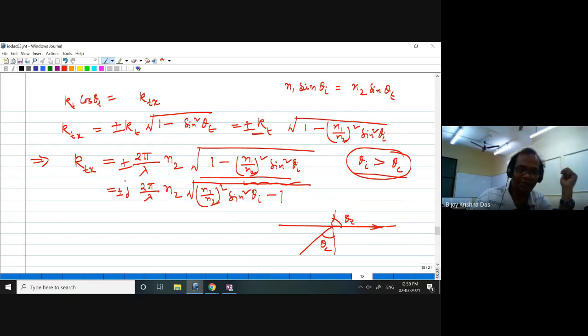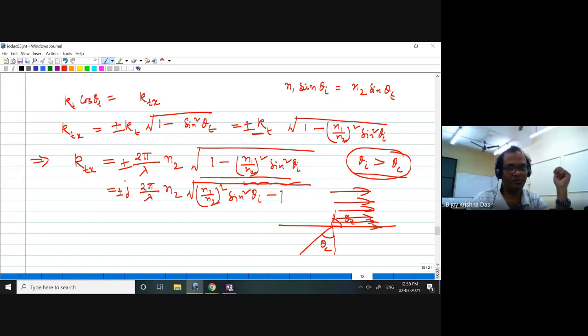But at the same time, we cannot rule out that the field will exist in the second medium. So it is propagating in that direction. You cannot really imagine that only the interface can guide at theta equal to theta c. That cannot be a guide actually.